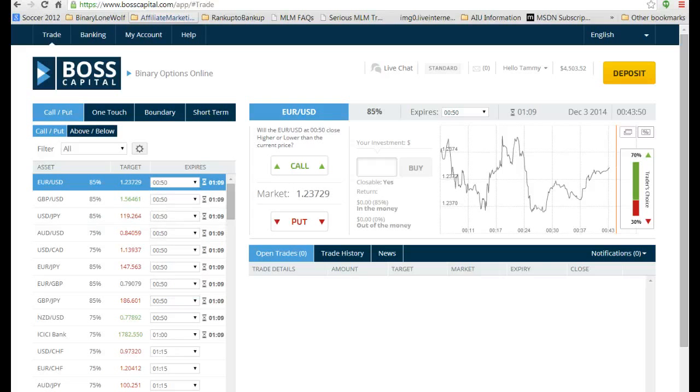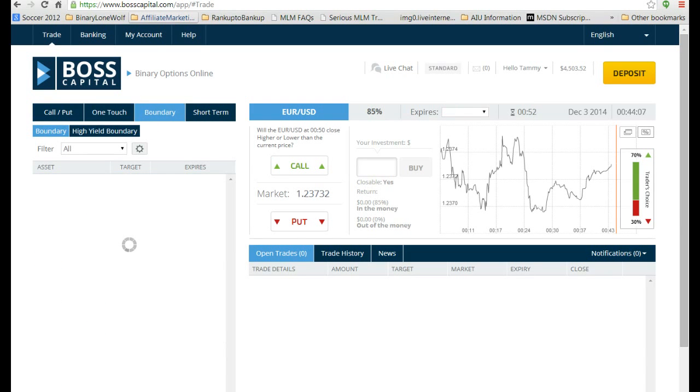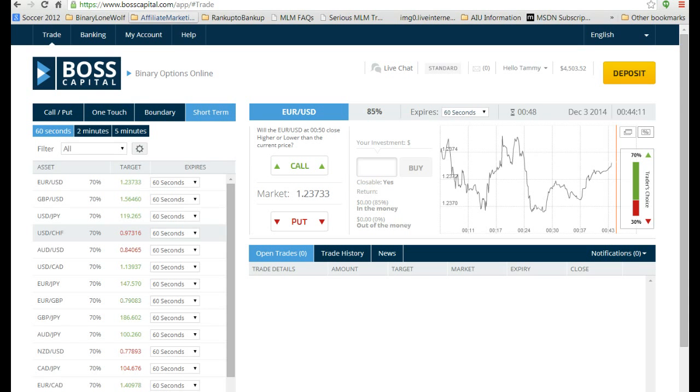The time for Boss Capital is shown right here, and it will be based off of your current local time as well as your expiration times here. Okay, you have one touch, you have boundary, and then you have short term.